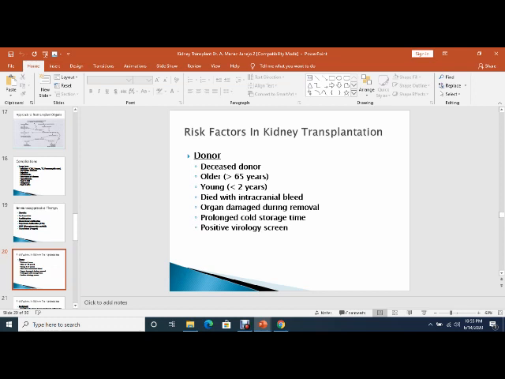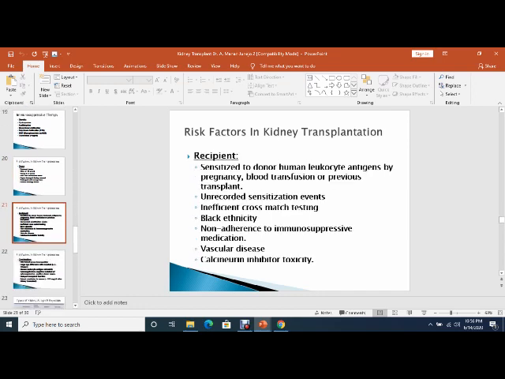If age is more than 65 years or less than 2 years, or died due to intracranial bleed, or organ damage during nephrectomy, or prolonged cold storage time, positive virology screen. So these are the various risk factors that lead to problems and complications in the donors.